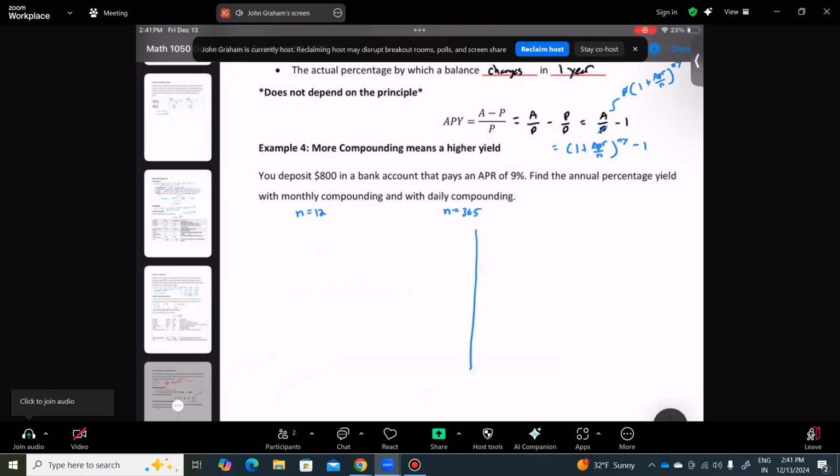And again, we don't have to go as far as finding the actual amount, because the principal itself does not matter. We can use the last formula we have, 1 plus your APR, which is 0.09 over 12, to the 12 times 1. And we're doing this annually, so the years is always going to be 1.